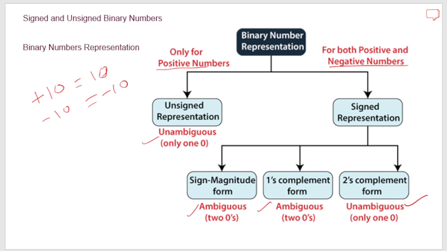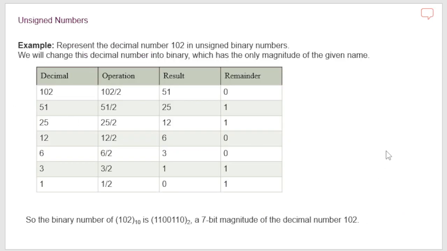Okay, next, unsigned numbers represent the decimal number. As we already know, unsigned numbers do not have a sign for representing negative numbers, so unsigned numbers are always positive.